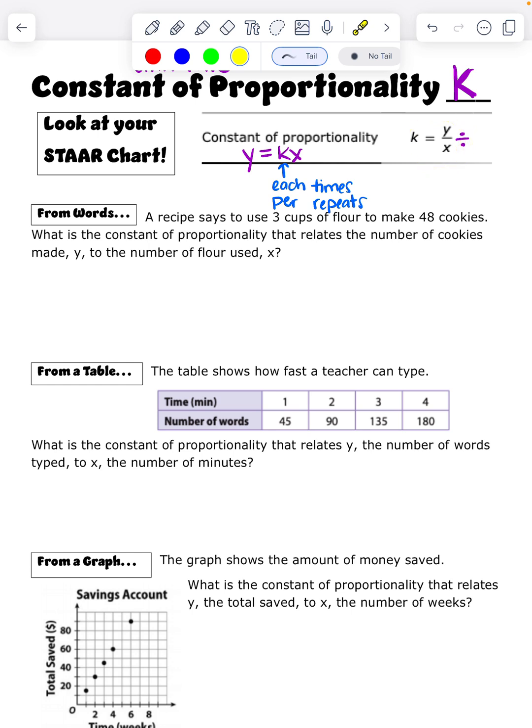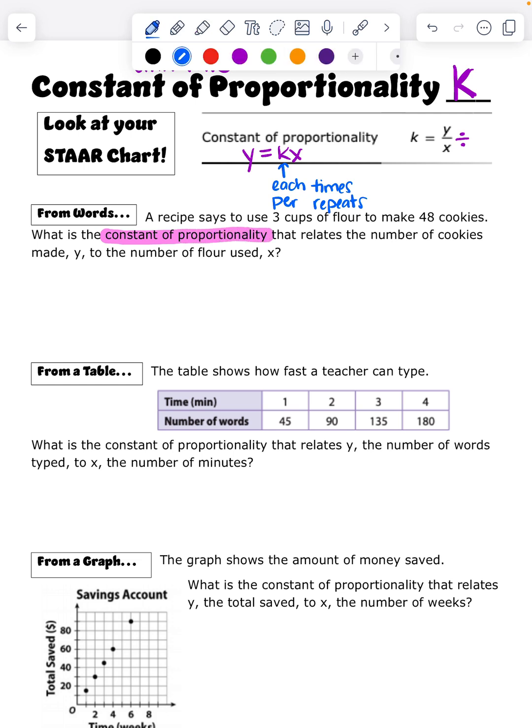So let's practice finding K. And remember, finding K, we're just going to take the Y value and we're going to divide by the X value. All right, so let's talk about it from words. So this is our from words section. So it says a recipe says to use 3 cups of flour to make 48 cookies. What is the constant of proportionality? So that's our keyword there, constant of proportionality.